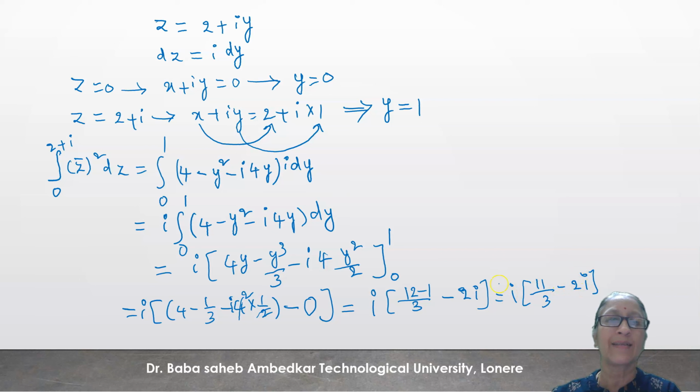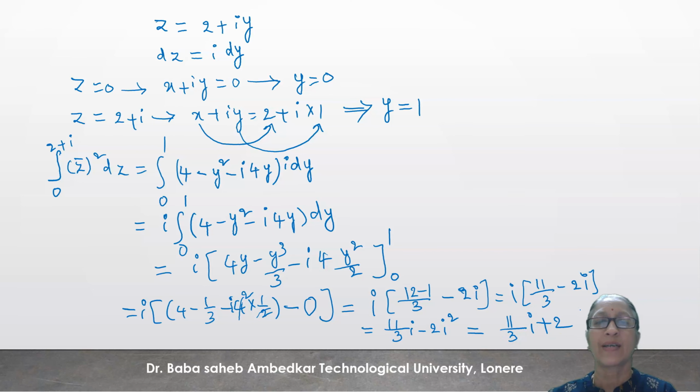When you take this i inside, this is equal to 11 by 3 i minus 2i square. Since i square is minus 1, you get 11 by 3 i plus 2. This is the value of the integral along AB.